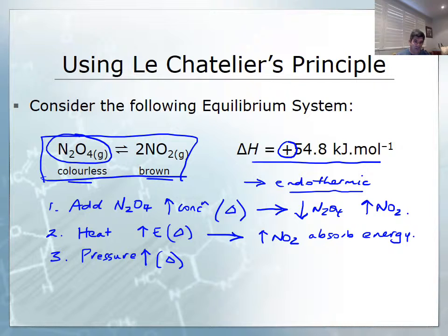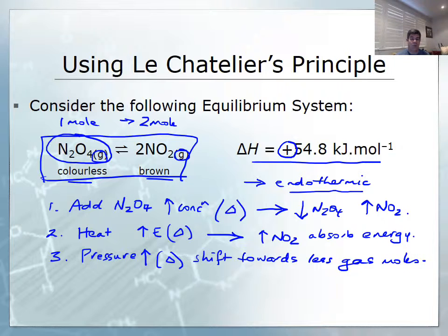If you look at it, both of these species are gases, but every 1 mole on the reactant side will produce 2 moles of molecules on the product side. So if we increase the pressure, what we want to do is shift towards less gas moles.